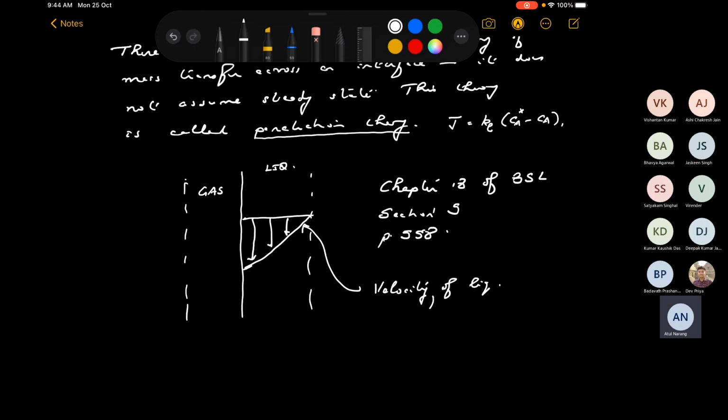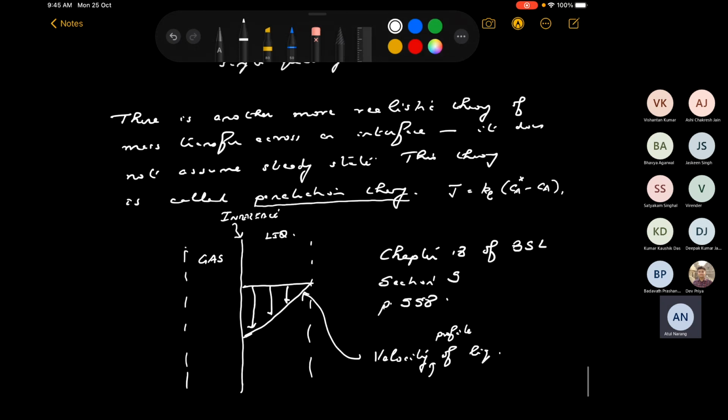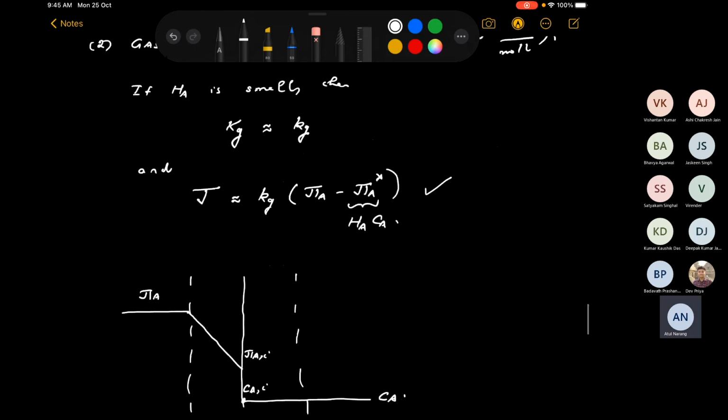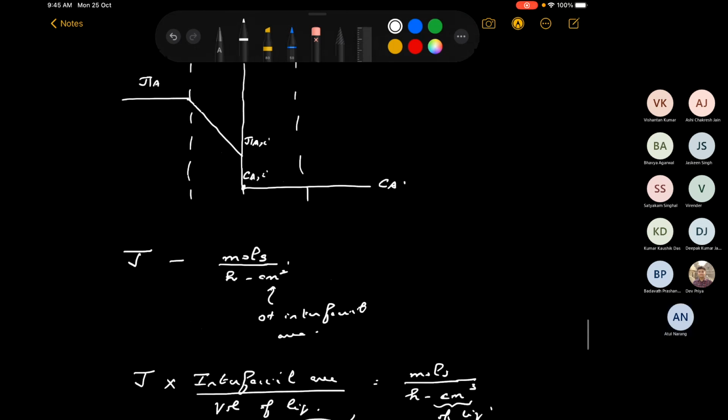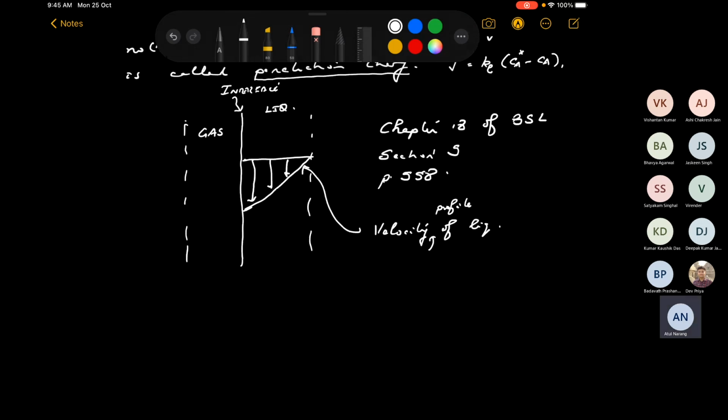Now imagine the original picture we had: here is a bubble and the liquid is flowing along it like that.